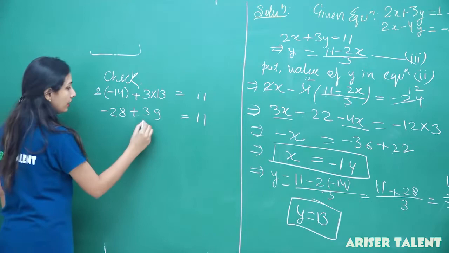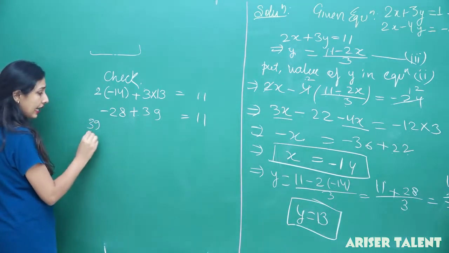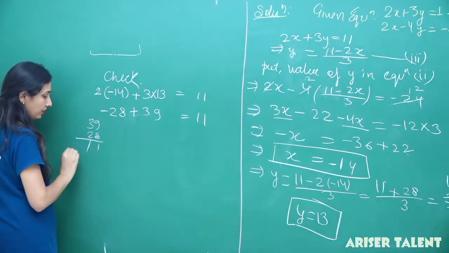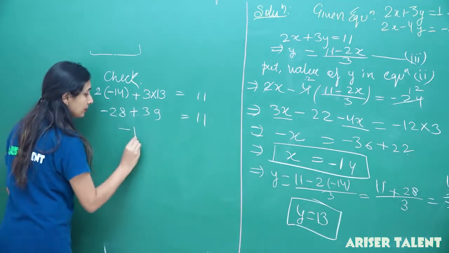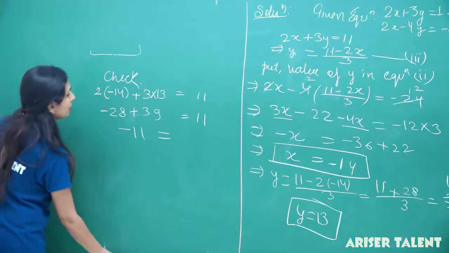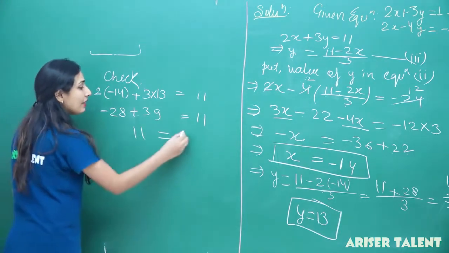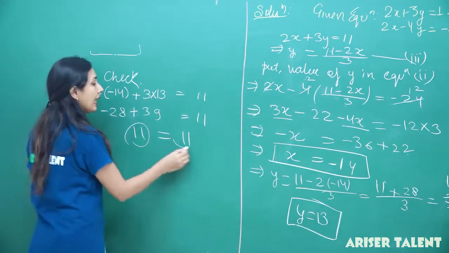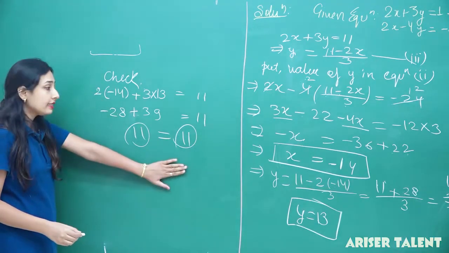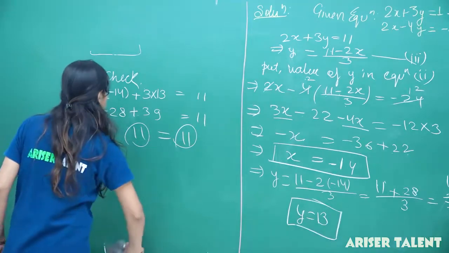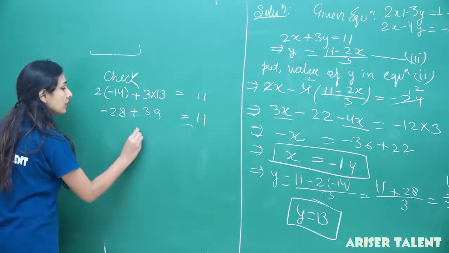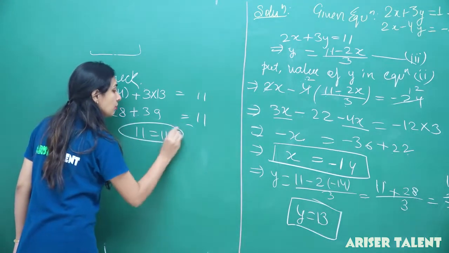Now 39 minus 28, so that will be 11. So plus 11 and it is also 11, so 11 and 11. So check is done, this is the right value, these values of x, y are correct, students. So 11 equals to 11, so checked.